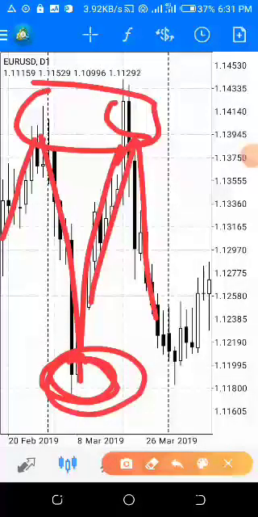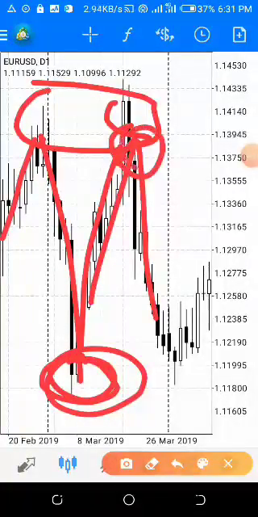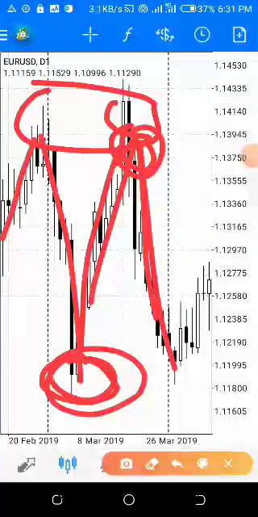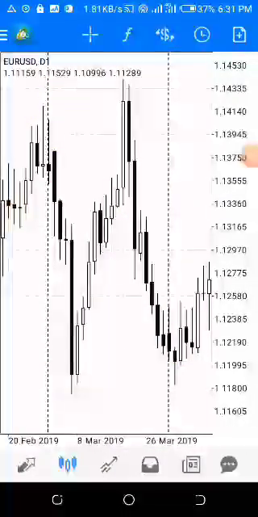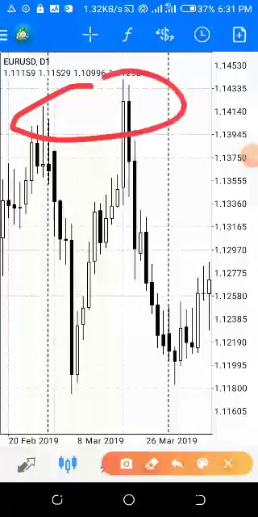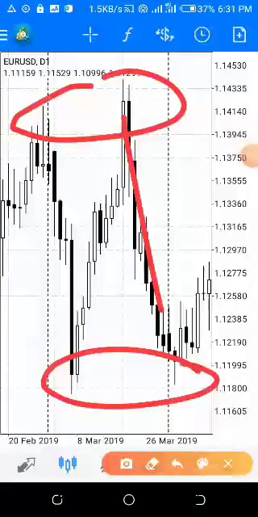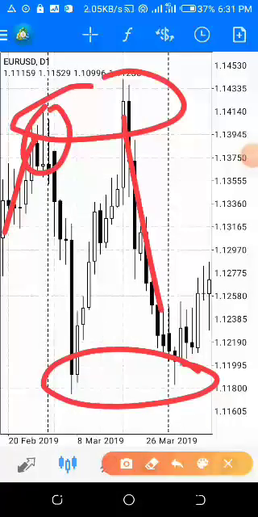So as price came in here, it was best for us to take a sell trade down here and come here. Okay, it would have been very okay for us to take a sell trade down here because this demand zone is fresh. It has only one test. Now this move up here created the supply zone.